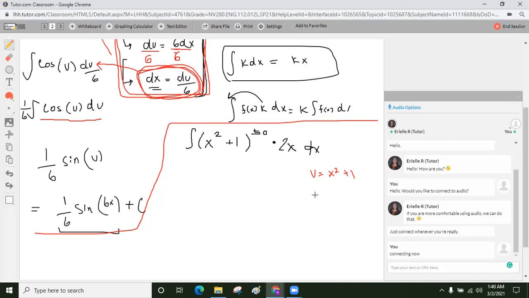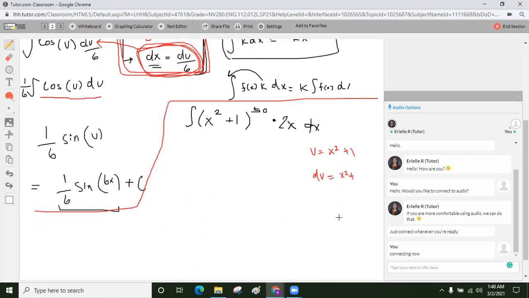And then, of course, du will be equal to the derivative of x squared plus 1 dx. We need to differentiate your u. Oh, right, of course.